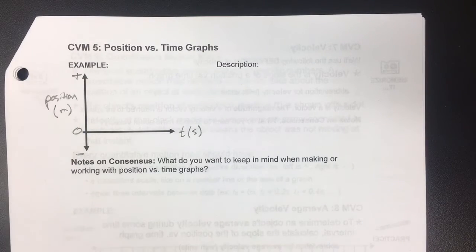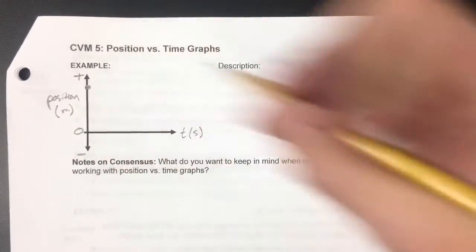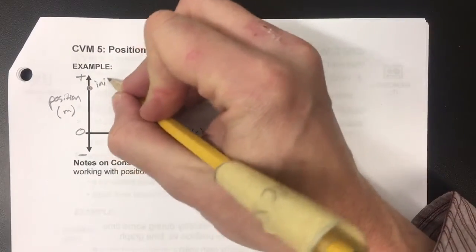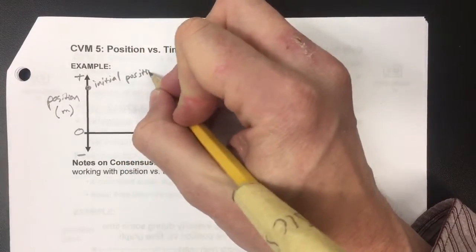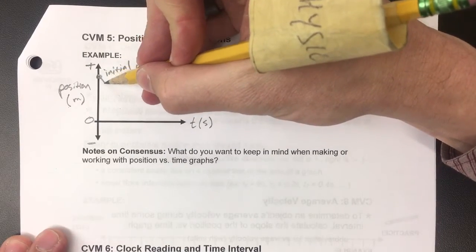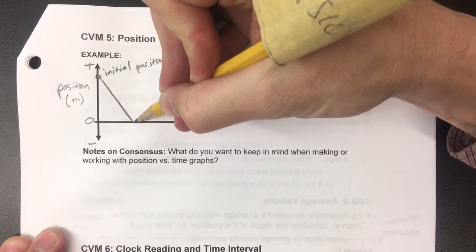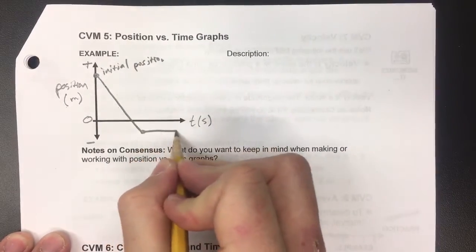We can imagine something starting at an initial position, like this initial position right here. I'm going to write initial position. And let's say that it moves like this, and then the graph changes.